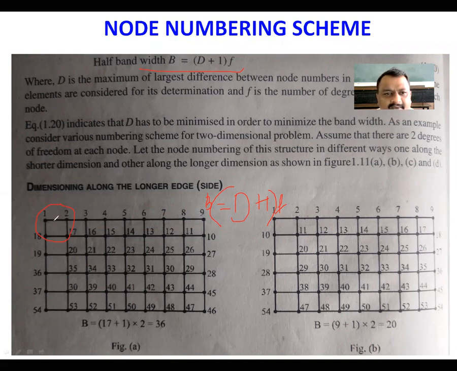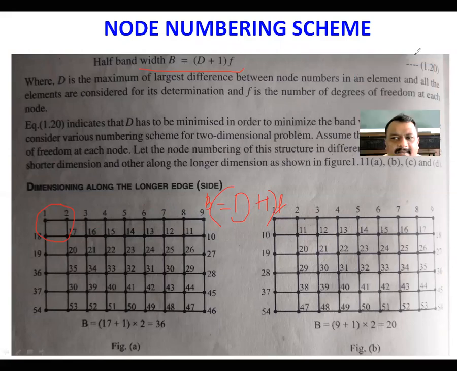D has to be the maximum, largest difference between the node numbers in an element, with all the elements considered. Nodes 1, 2, 17 and 18 form the first element. Therefore, the maximum difference between any two nodes: 2 minus 1 is 1, 17 minus 2 is 15, 18 minus 17 is 1, 18 minus 1 is 17. That is what I have written here as D.